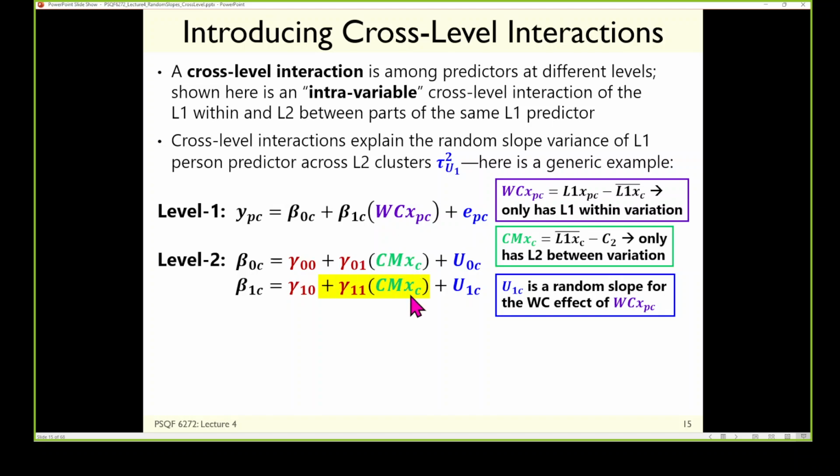It doesn't have to be, but it should be in most cases. This is in particular an intravariable interaction because it's between the two parts. Now, it's not obvious that this is an interaction when you look at it, but if you scoop all this stuff that's inside beta 1 and bring it back up here, when you multiply it out, it creates gamma 1,1, the interaction of the cluster mean for the variable and the within cluster version of the same variable between the pieces.